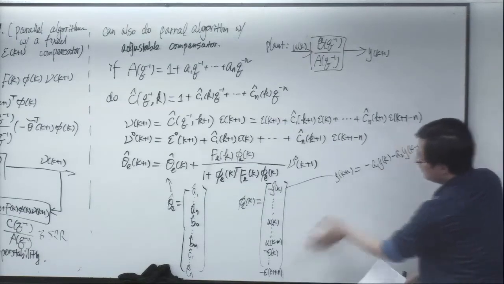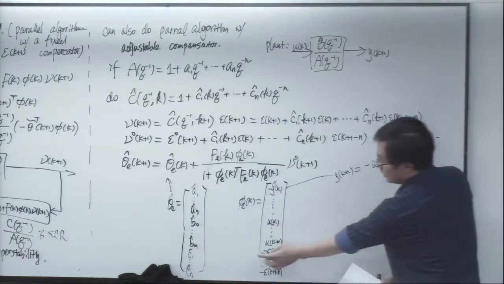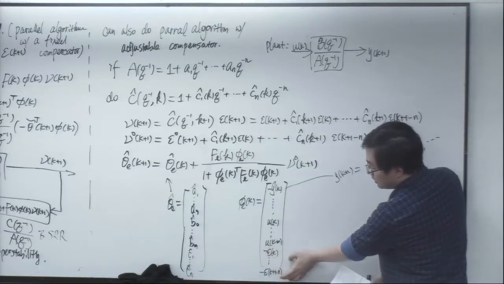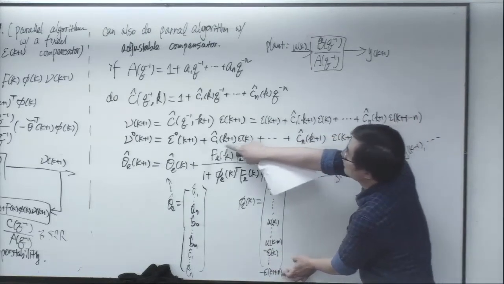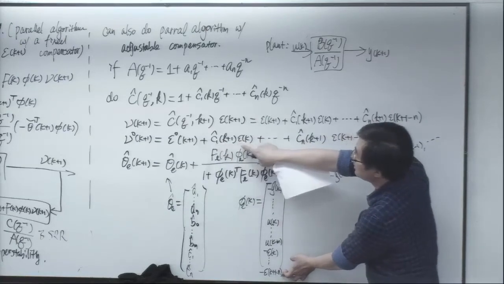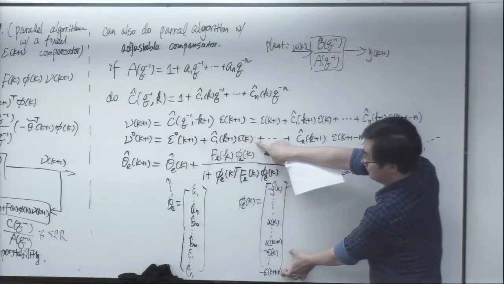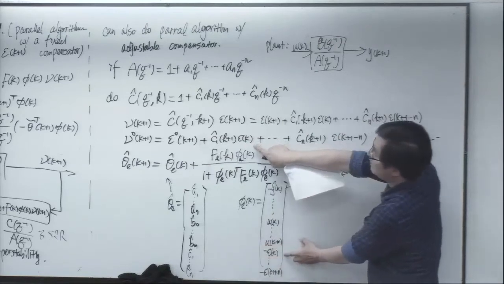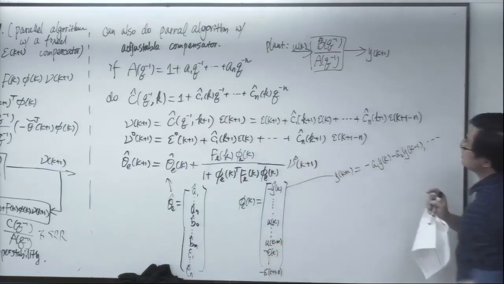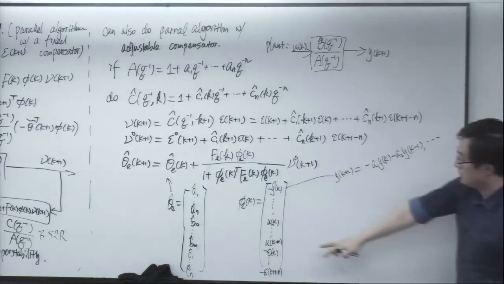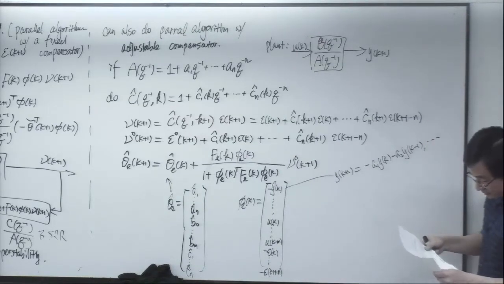And similarly, the regressor vector elements that you need to add here come from the structure where Ci hat gets multiplied with a data element. C1 hat gets multiplied with epsilon k. Cn hat gets multiplied with epsilon k plus 1 minus n. So they are added in here.